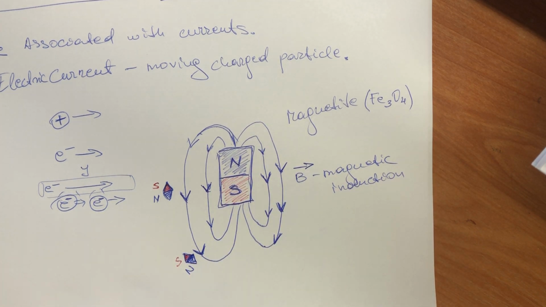So always magnets have two poles. There are no magnetic monopoles. Similar poles of two magnets repel each other. Different poles attract each other. So small iron particles are aligned in the field according to these lines.